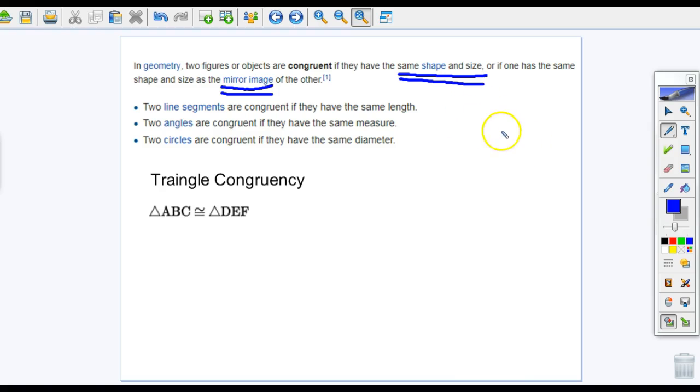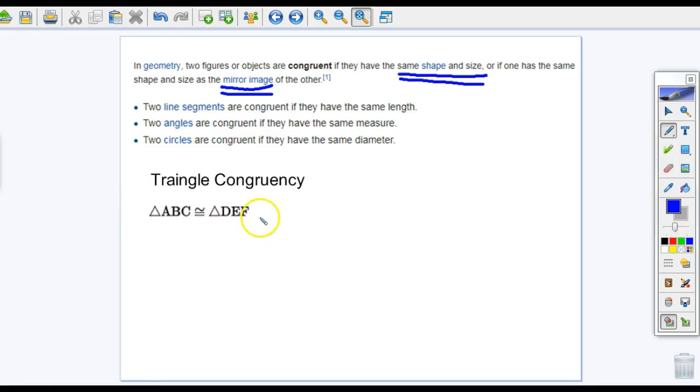I don't want you to think about congruency in terms of what you see, but in terms of the symbol. Triangle ABC is congruent to triangle DEF. This statement tells us that they're congruent, not necessarily your visual representation. I want you to really make that clear.